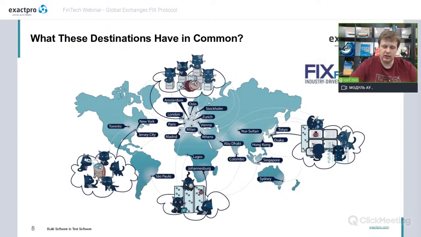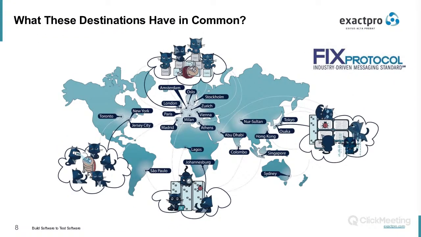So these are locations where Exactpro's global exchange team works with regular and crypto exchanges, where we deploy our platforms, apply our processes, and use our people to work with complex, mission-critical trading infrastructures. Exchanges and clearinghouses from Sydney to Toronto, from Johannesburg to London are using the FIX protocol.